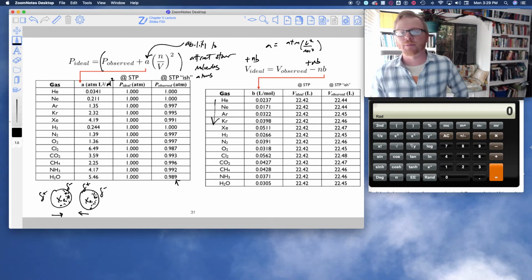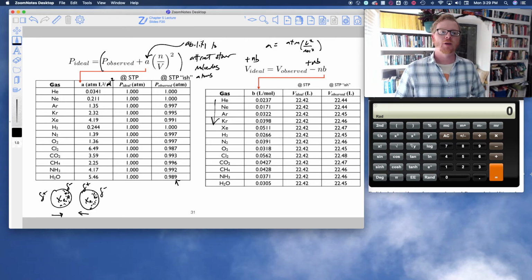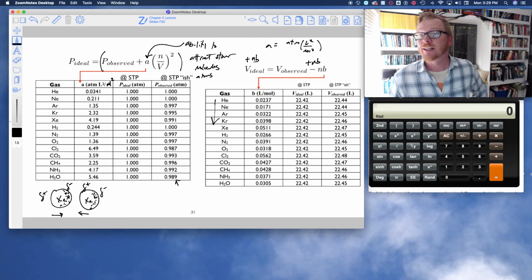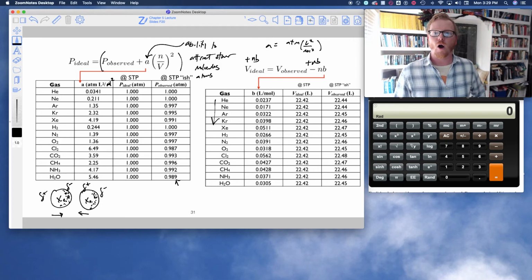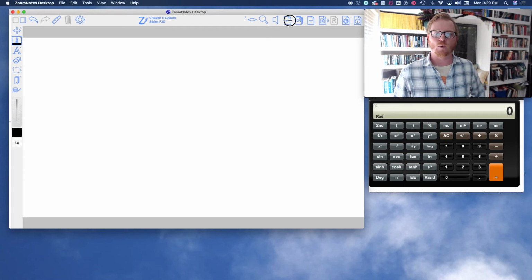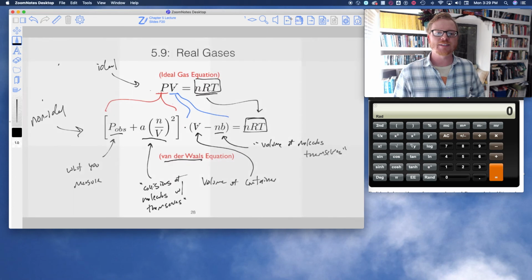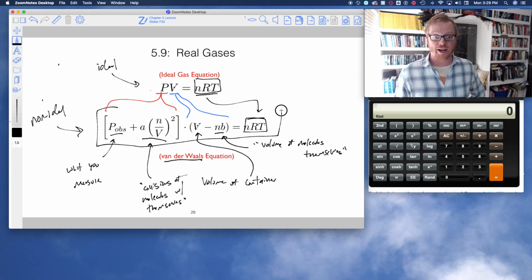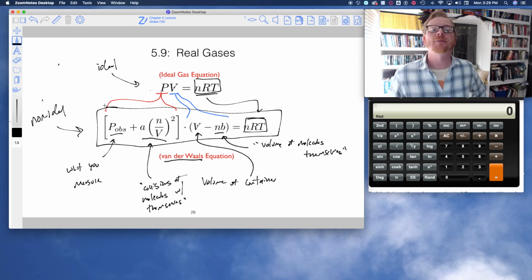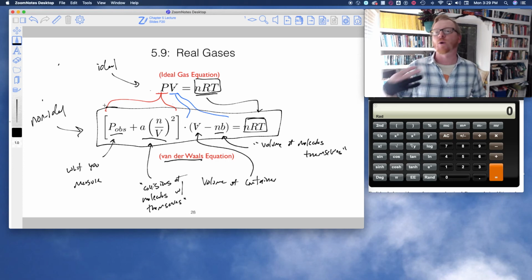The volume of the molecules themselves will increase the volume, okay? All of that being equal, when you consider both of those effects in the van der Waals equation, you get a very accurate determination of pressure or volume or temperature of moles of gases.